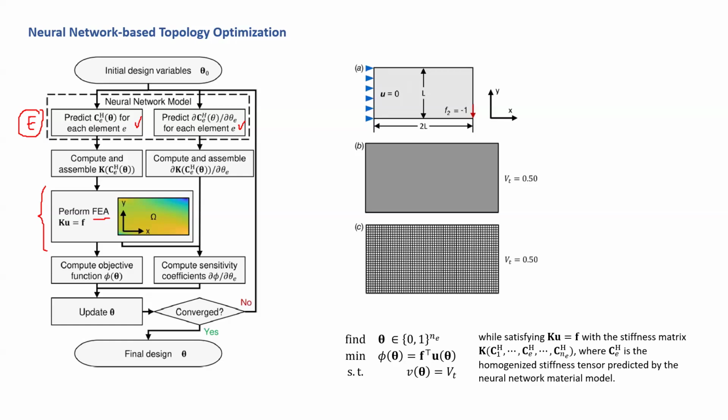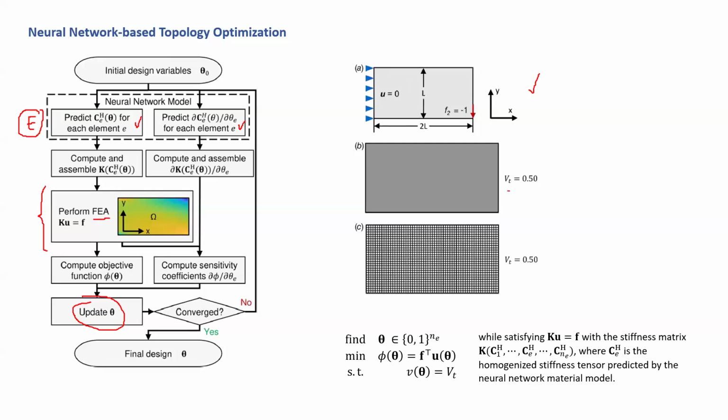And we do that using the 4 approaches, which are the automatic differentiation, the analytical neural network Jacobian, the complex step method, and the central differences. And with that, we finally obtain the sensitivity coefficients, which are used in conjunction with the objective function to update the design variables, and this process continues. We apply the process to a traditional topology optimization in 2 dimensions.